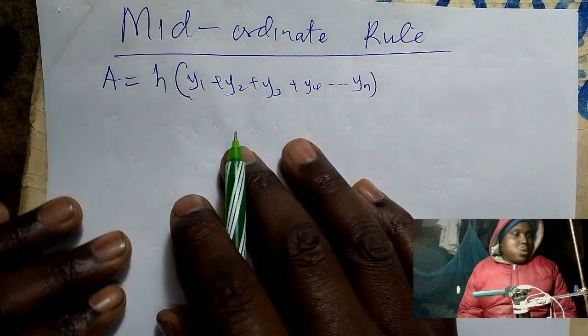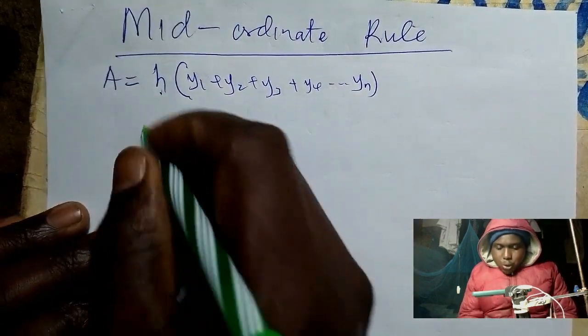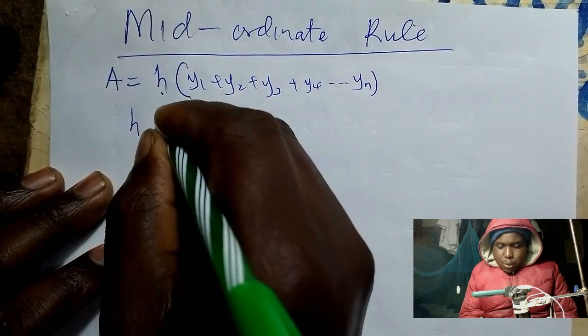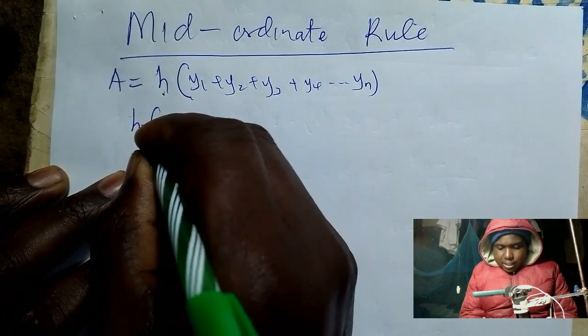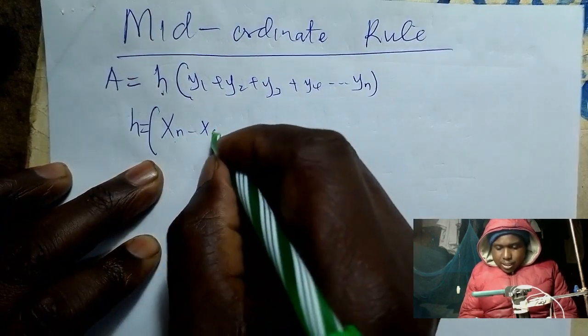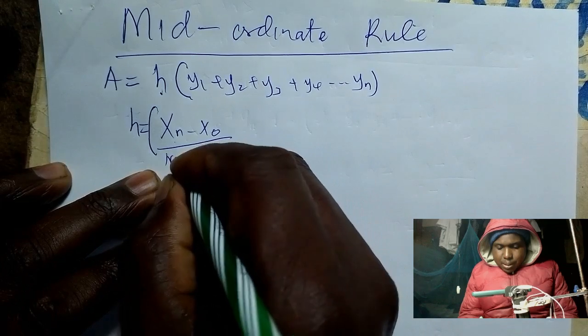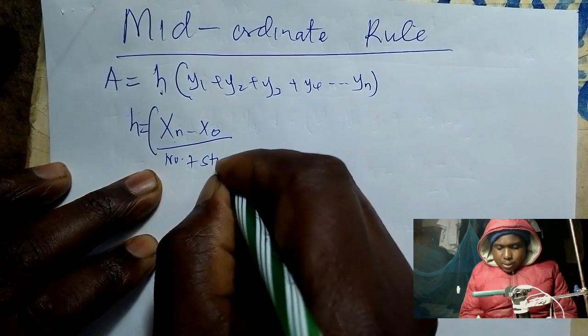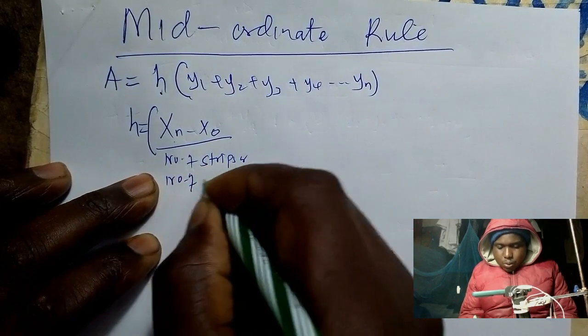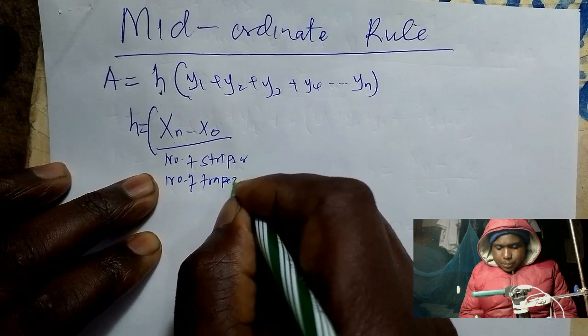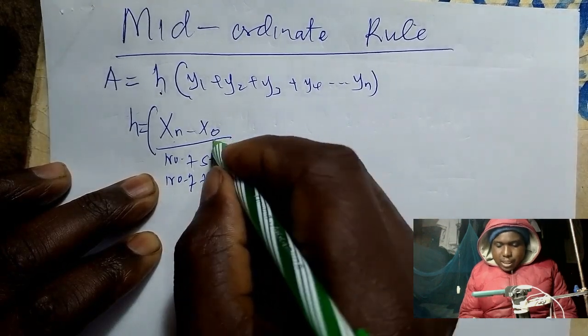So first, how do you get h? You will get it the same way we have done. h is equal to xn minus x naught over the number of strips or number of trapezia. That's how you get h.